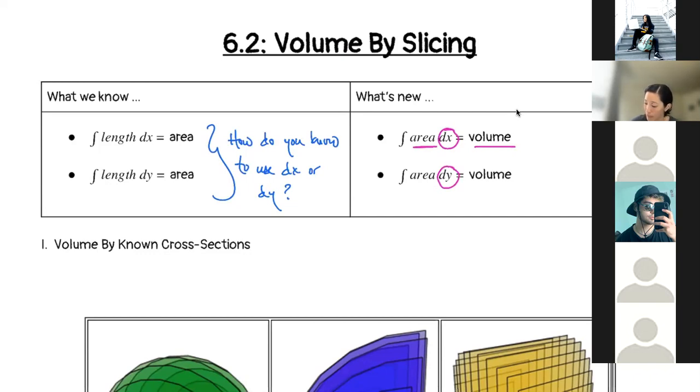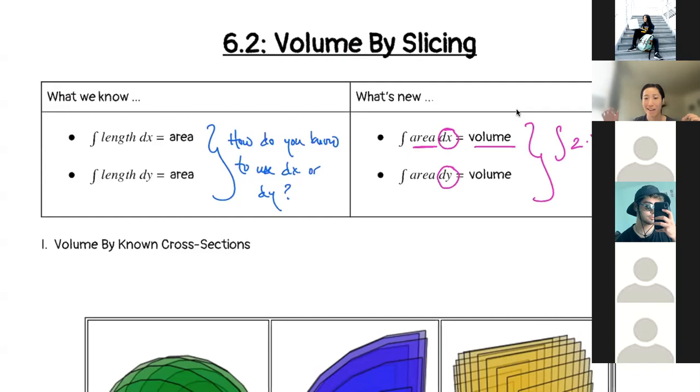But the big takeaway here is that if you integrate two-dimensional things, you'll end up with 3-dimensional numbers. Okay, so our number is going to reflect a 3-dimensional space rather than a 2-dimensional one.